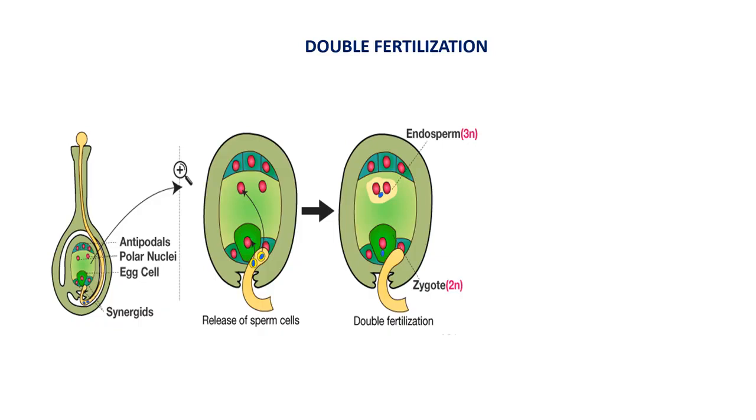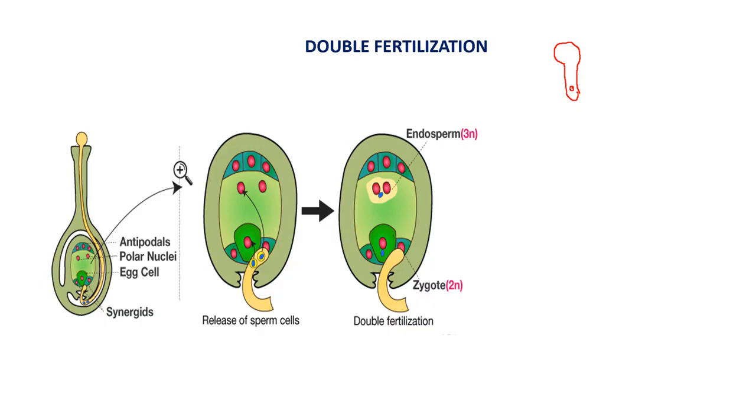Now coming to the male gamete, in the male gamete there are two nuclei, right? One is the tube nucleus and the other one is the generative nucleus. I'll show you with the help of a drawing. So if this is a pollen grain, here in the pollen grain we have two nuclei.